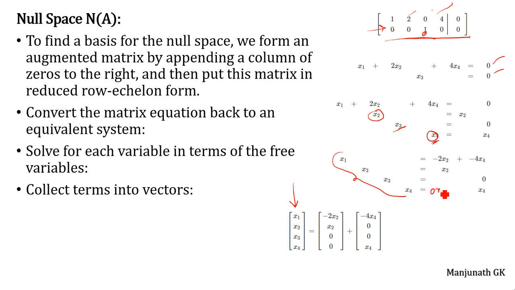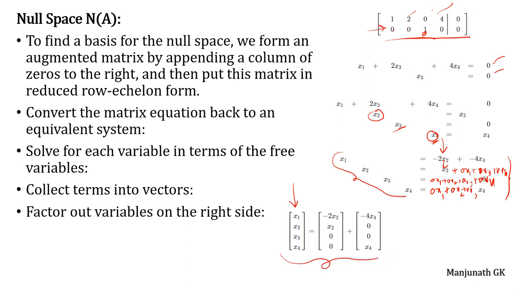Write all four variables here, then write it in vector form, so that the first term is minus 2 x2, the second term is x2, then the third term is 0 and 0, and so on. We do get this equation.